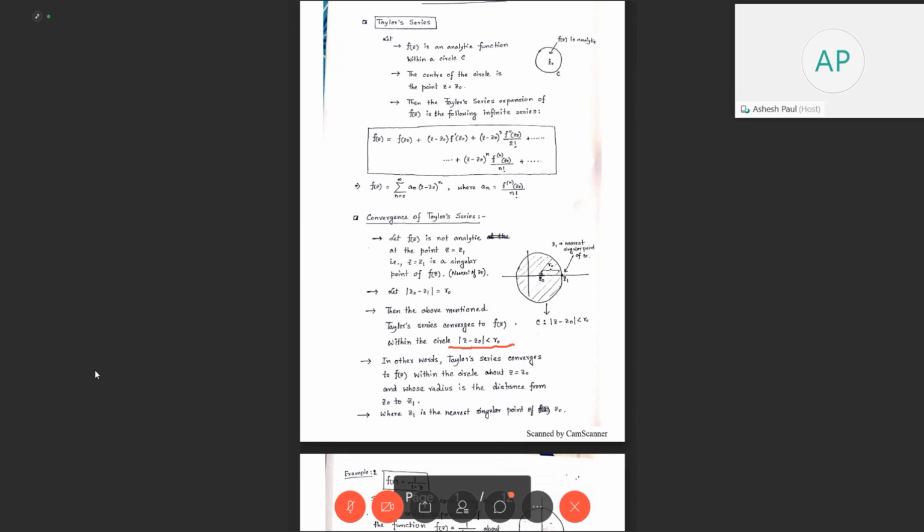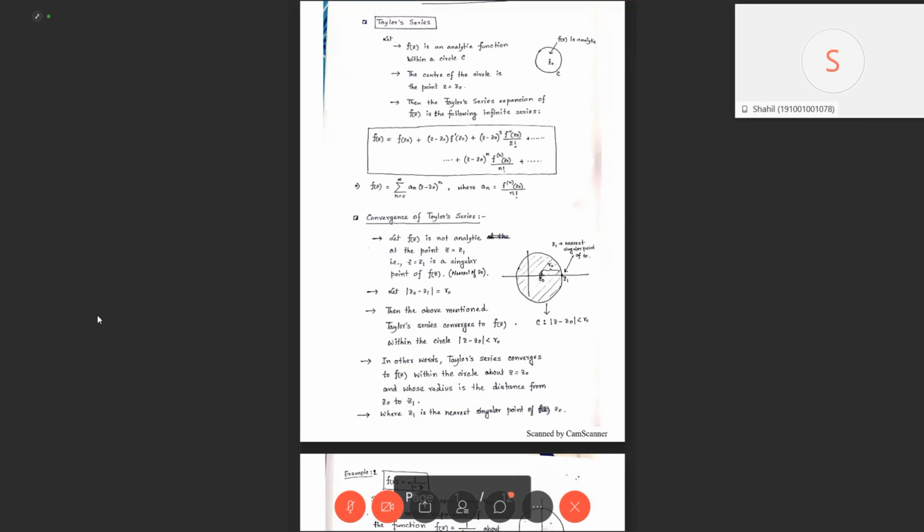Got it? Sir, how can I say this convergence? That means that this series comes out to be equal to f(z).